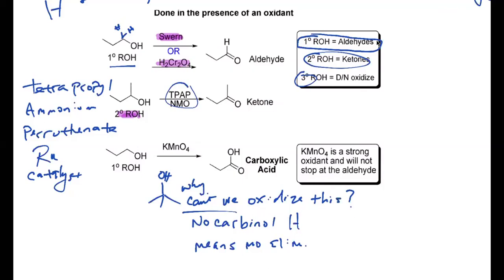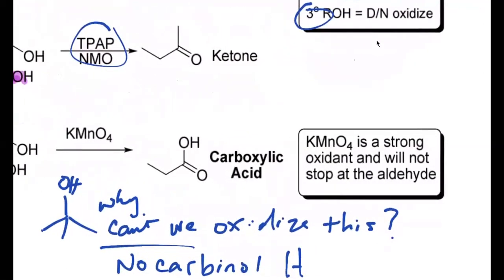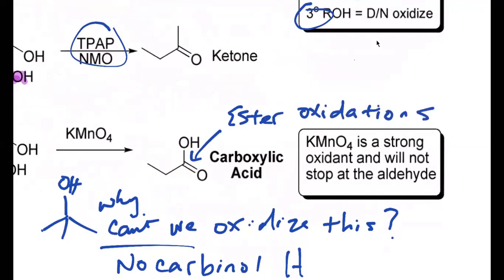So this is the oxidation state for carbon where you have 3 bonds to oxygen. We call it the ester oxidation state.